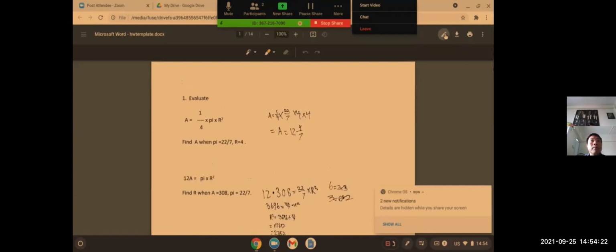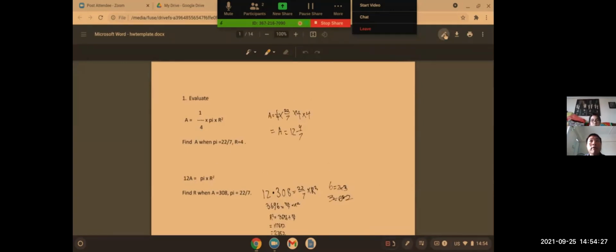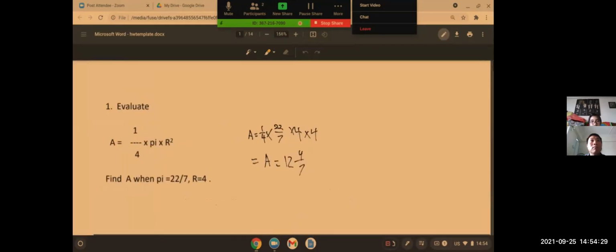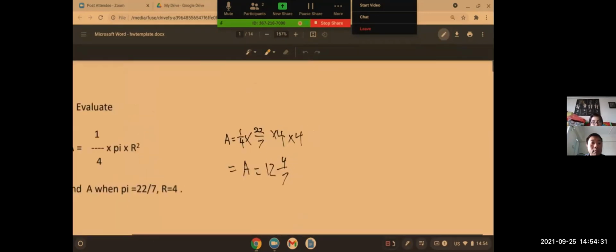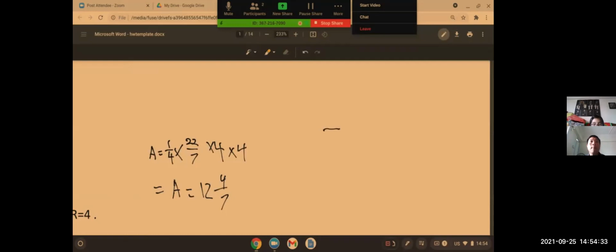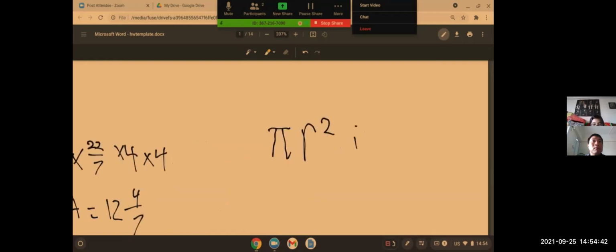Okay, so pi r squared is equal to area of circle. Write down: is area of circle.